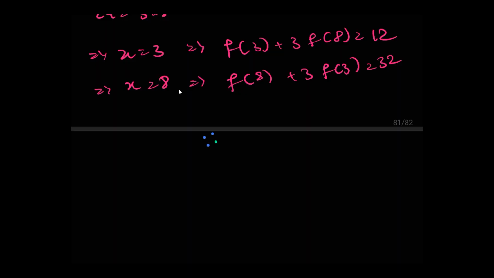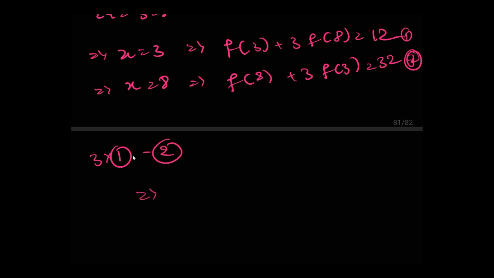Now let us try to get f(3) and f(8) from these two equations. This is 1, this is 2. Now we will subtract 3 times equation 1 minus equation 2.